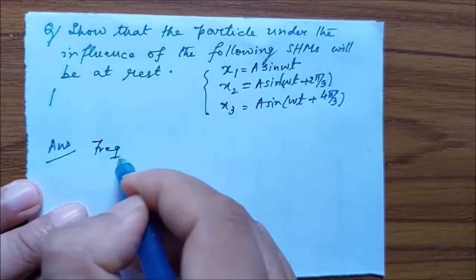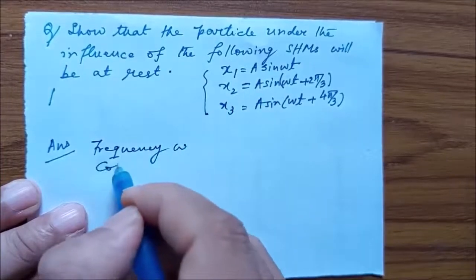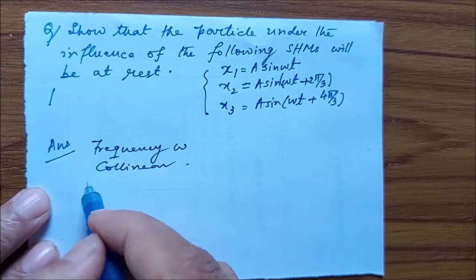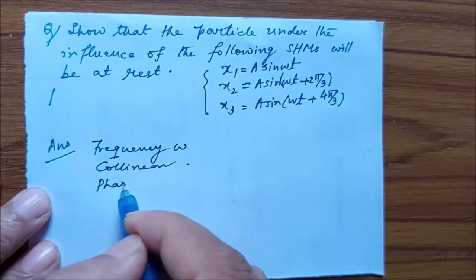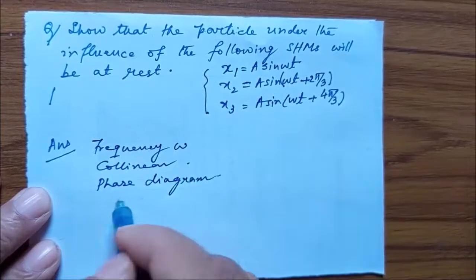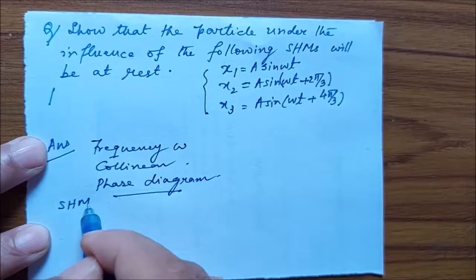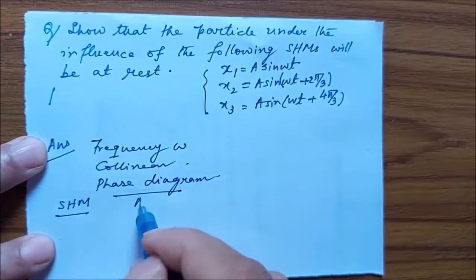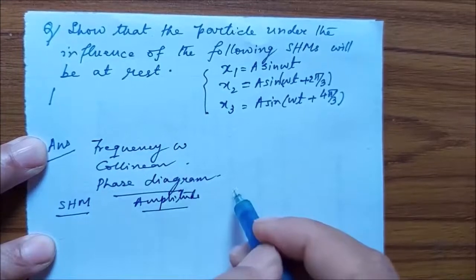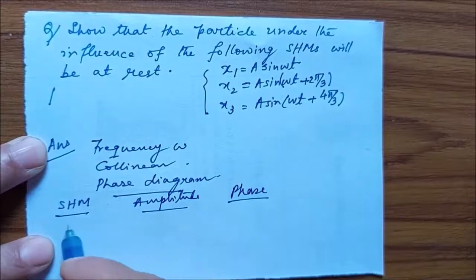Their frequency is same. They are collinear, and let us go to the phase diagram to get to the result quickly. SHM, amplitude and phase.